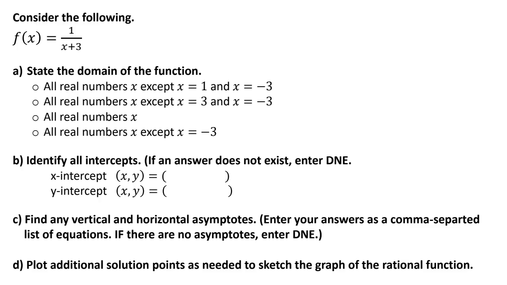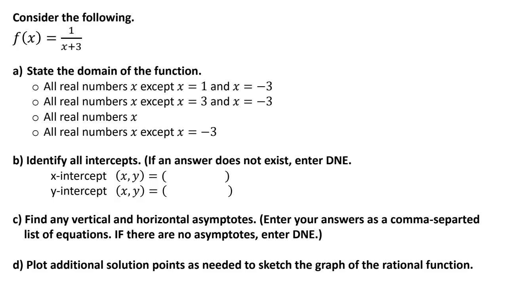There were three of them that we saw this semester that have restrictions. This is one of them, our rational functions or our fractions. The square roots also have a restriction because we don't want negatives inside the square roots or we get complex numbers. And then we also have the logs. We dealt with logs and we cannot put negative numbers in logs. So those three functions will create a restriction.